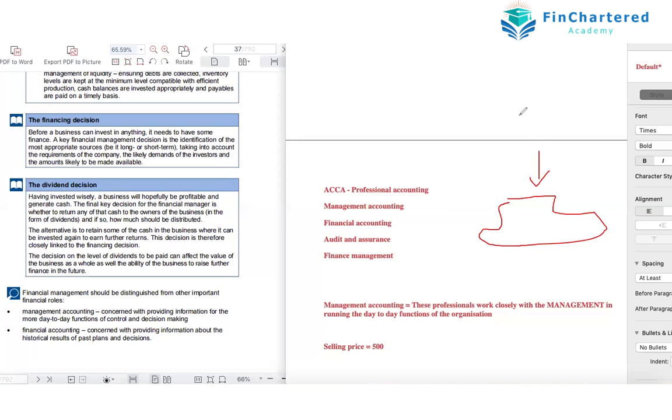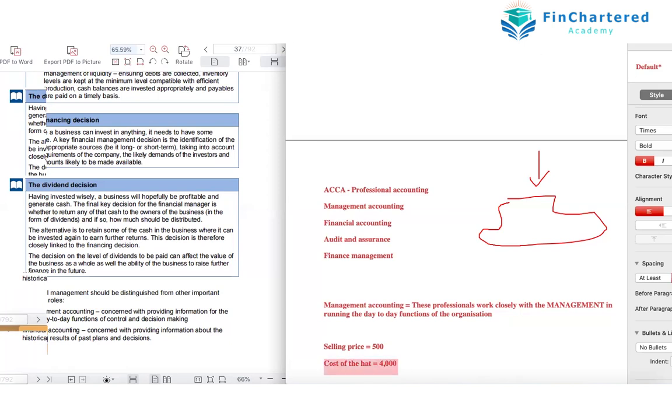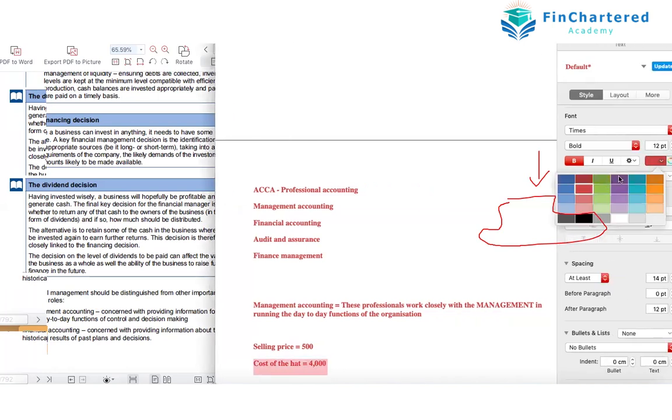So the cost to make the hat itself, it cost me 4,000 rupees. Look at what I'm highlighting in blue. To make the hat itself, it cost me 4,000. Now, Harisha, tell me how much should I sell this hat for?